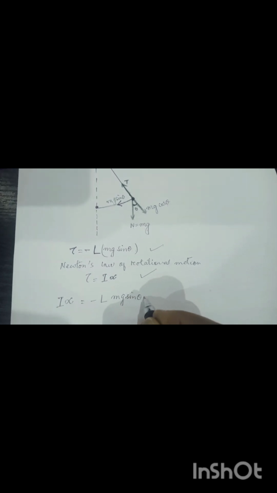From these two equations we can write inertia multiplied by angular acceleration is equal to minus mgL sine theta. Okay, so alpha is equal to mgL, mass of the bob, g acceleration due to gravity, L length of the string, divided by inertia, multiplied by sine of angular displacement.